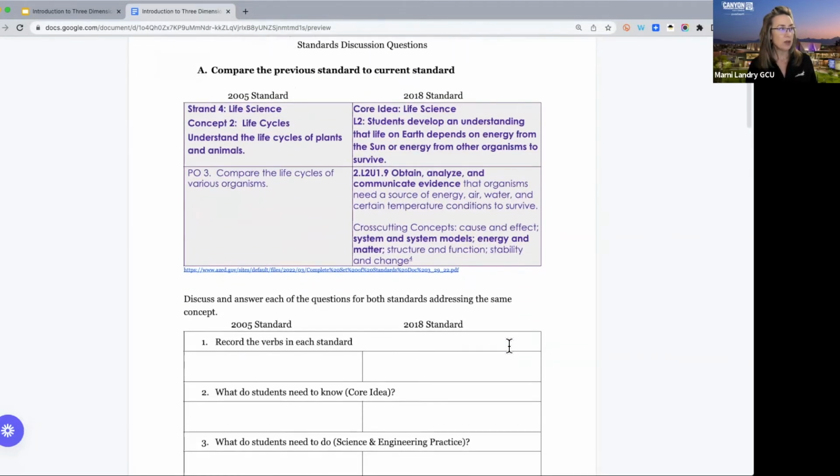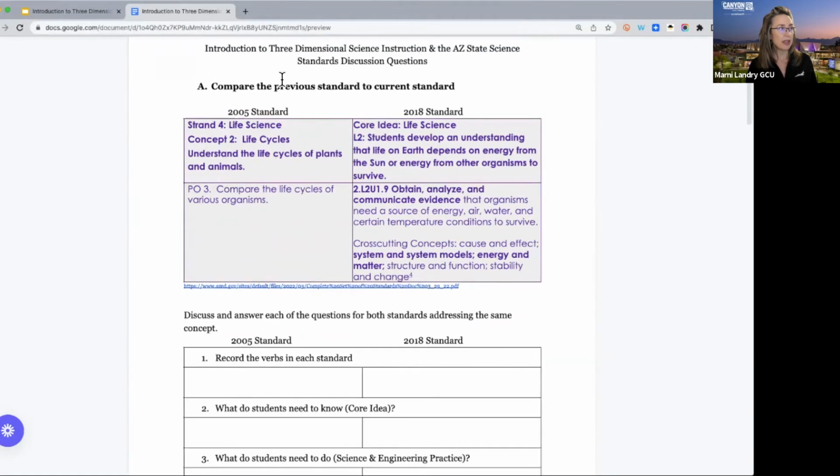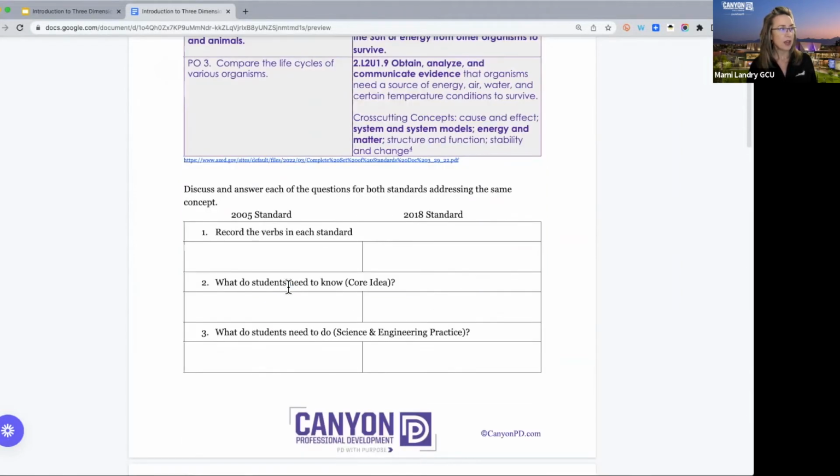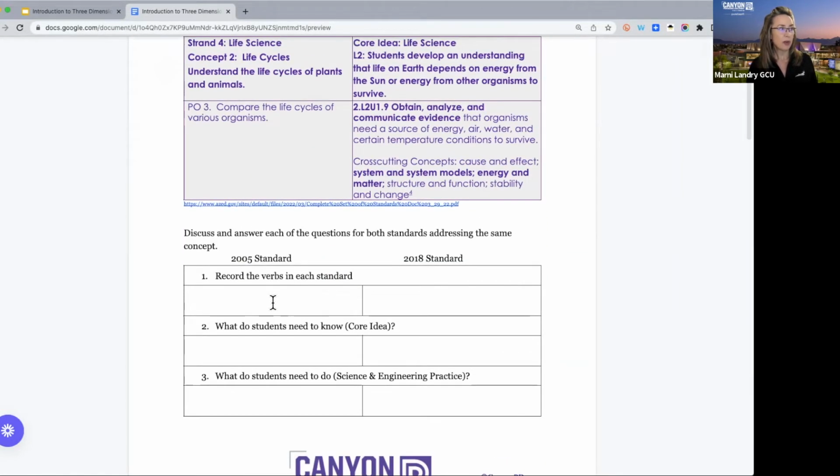And then down below is question set A, compare the previous standard to the current standard. So looking at the 2005 on the left, for number one, record the verbs that you see in this standard, which is the bottom box. And on the right for the 2018, record the verbs you see in the bottom box.